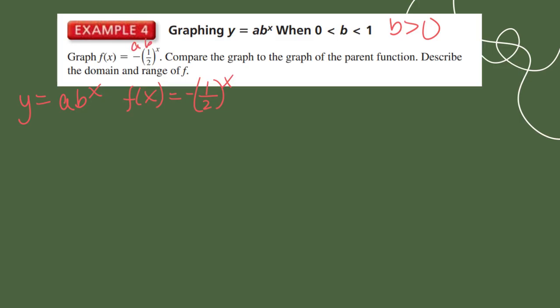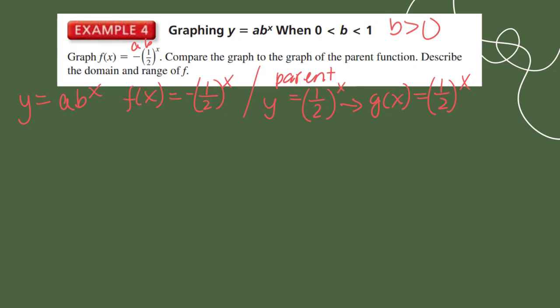Therefore, now we can tell which is our parent. Our parent is going to be y equals half, which is our b, to the power of x. We can also name it g of x, because it's a function, half to the power of x.